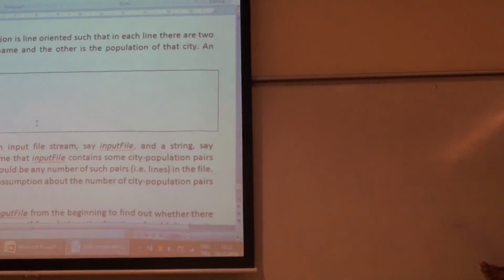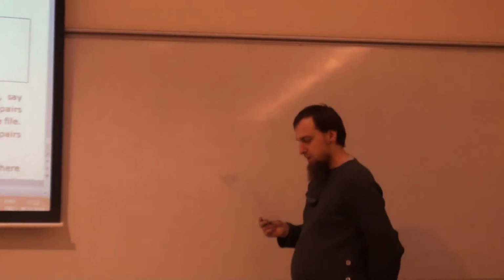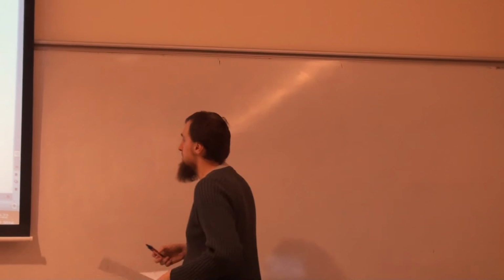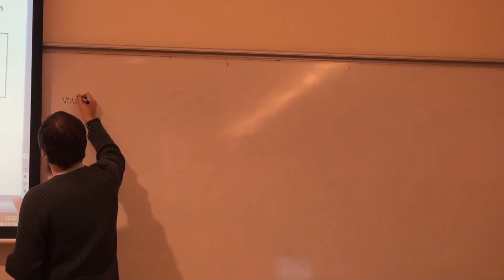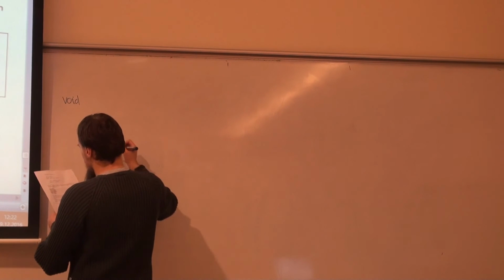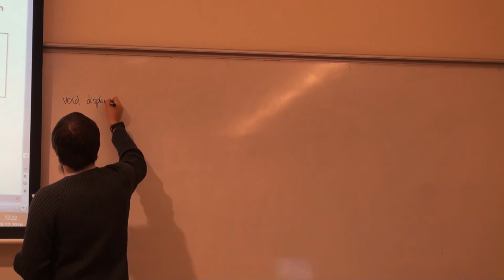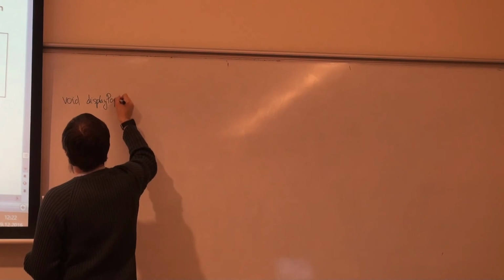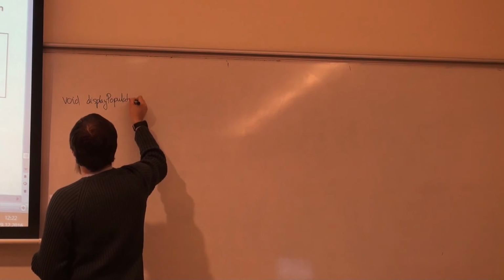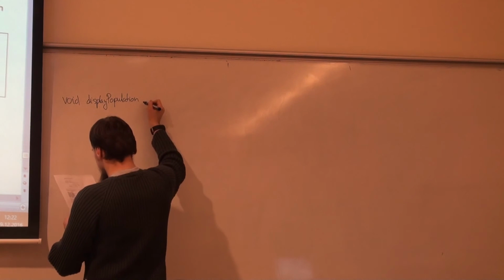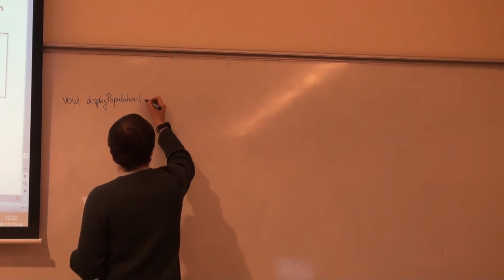Let me write the program. We should write a void function, basically, not a program from scratch. So I'm doing it now. Void display population is going to be the name. It takes two parameters.